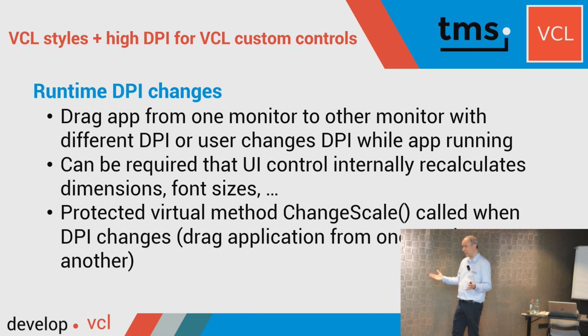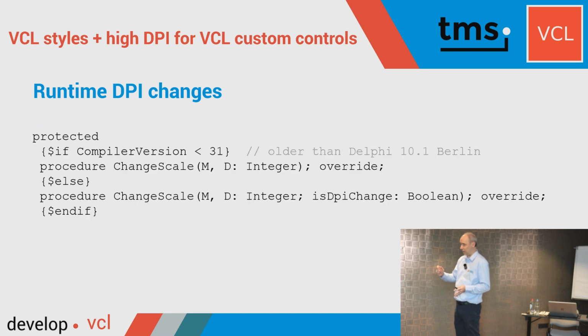So the thing to do is override that ChangeScale method. That's the method that will be called when you move your application from a monitor with DPI 100 to DPI 200. That's also the call that will happen when you created your Delphi 11 application on a 4K screen, and it is started on your customer screen running on HD. Also then the ChangeScale method will be called to notify your component: do whatever is needed to make your control look good on the DPI that we are running on now.